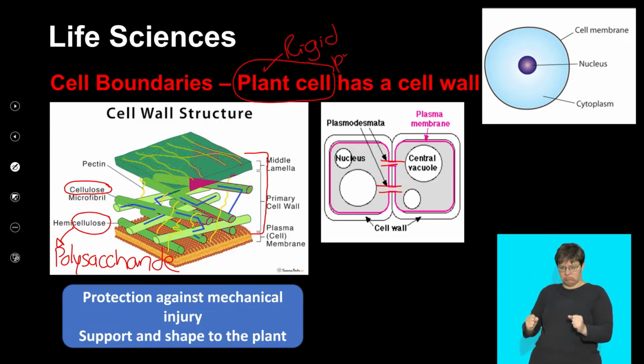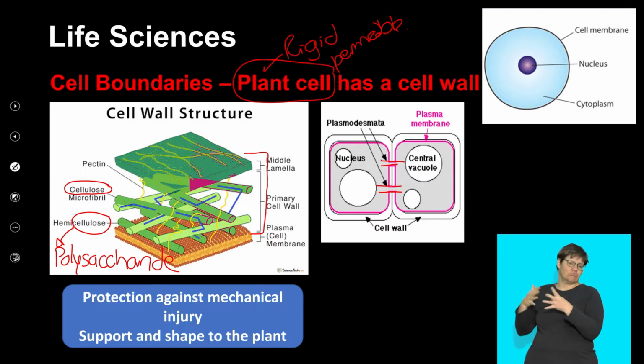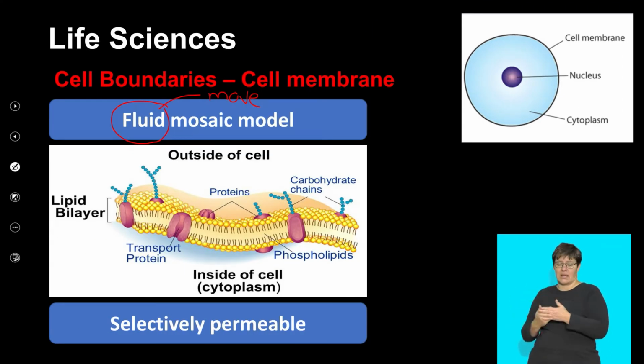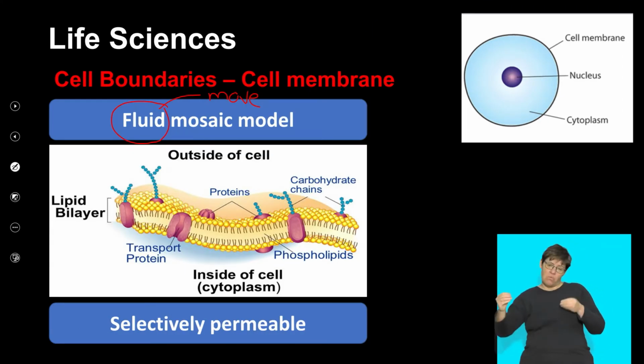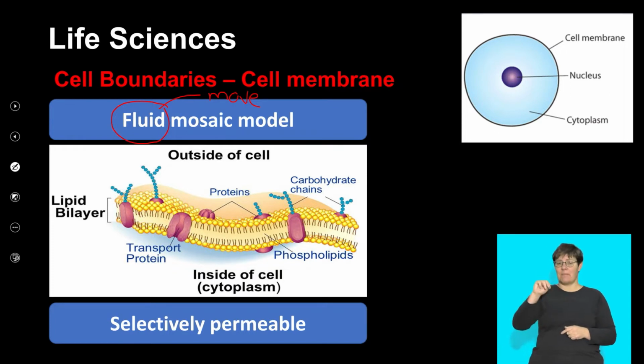Another word I would use there is permeable. What do I mean by that? The cell wall is going to let everything through. However, our cell membrane is living, it's alive, right? It's a fluid molecule. It needs to be that because very often animal cells need to be able to move.